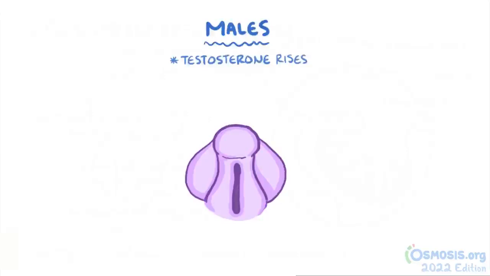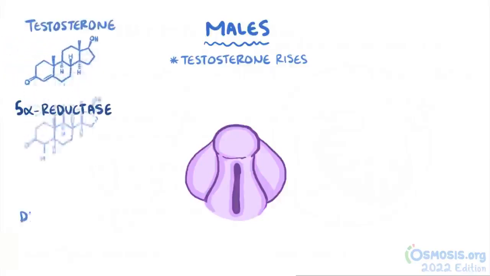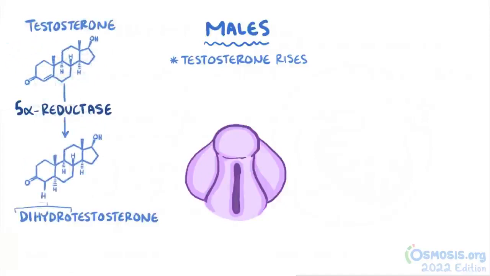The differentiation of the external genitalia into male external sex organs starts when testosterone levels start to rise. An enzyme called 5-alpha reductase, which is found in a lot of tissues in the body, including the skin of the external genitals, converts testosterone into dihydrotestosterone, which is its more potent form.